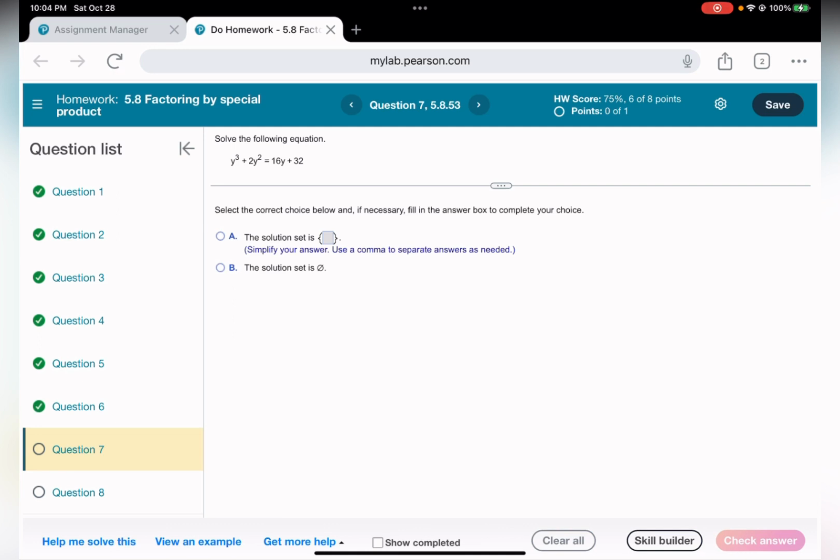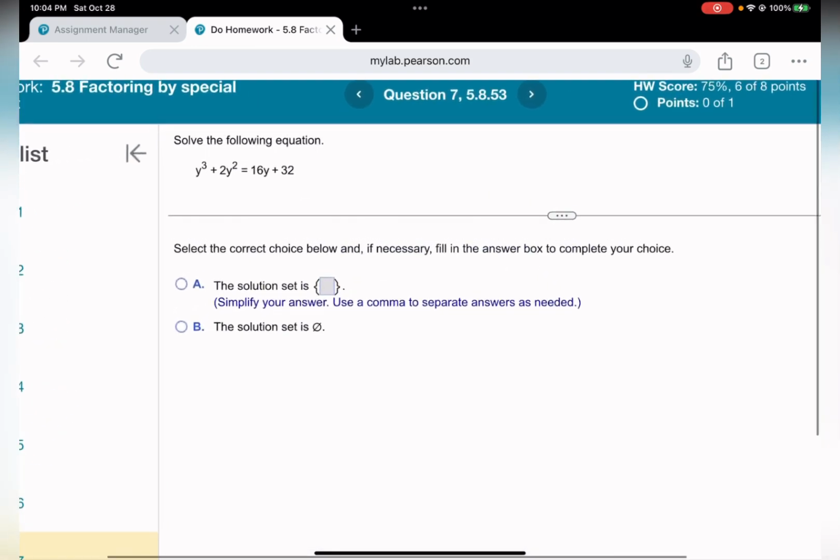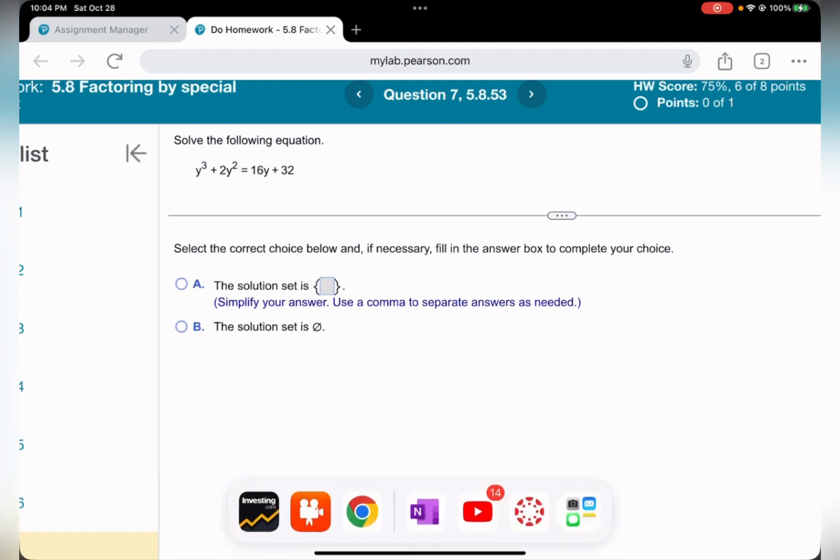Next one, we are getting y cubed plus 2y squared equals 16y plus 32.